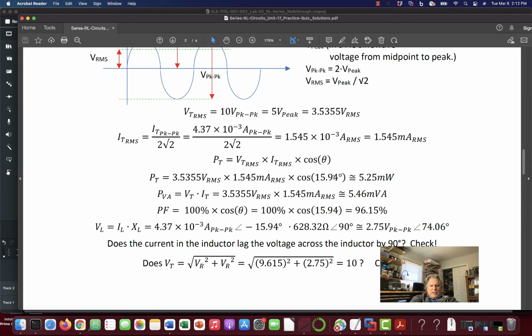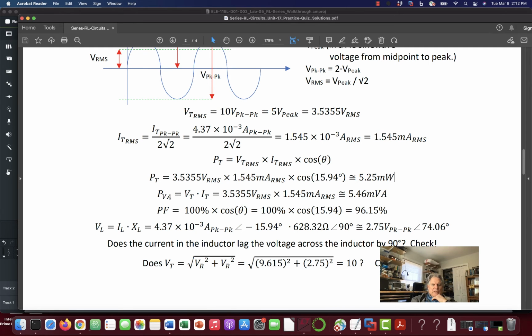So I do all that, and let's see, a couple of things we can calculate here. I wind up with 5.25 milliwatts of real power, because I put the power factor in there in terms of the cosine of 15.94 degrees.